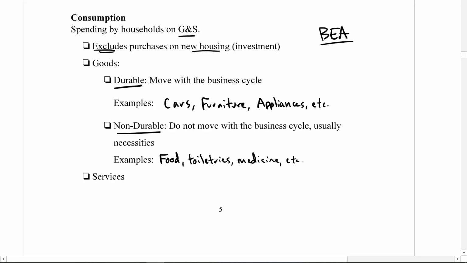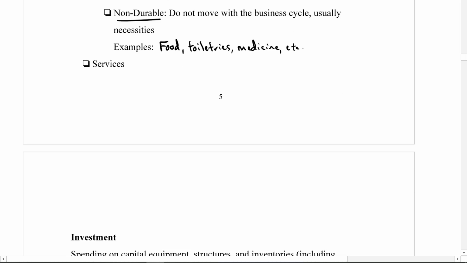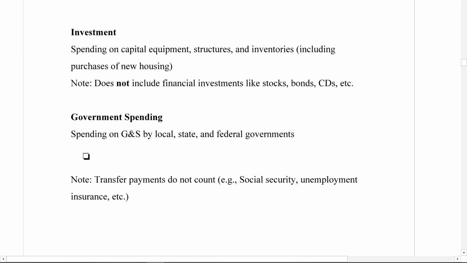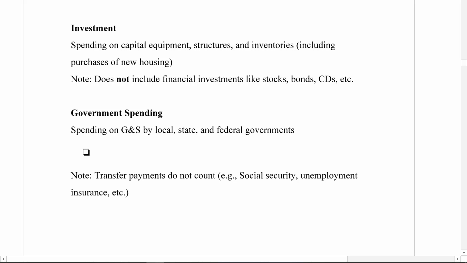And so this also, depending on the service, varies significantly with the business cycle and kind of what ways the economy is being affected. We'll look at some data related to that later as well. So that was consumption, goods and services from households.